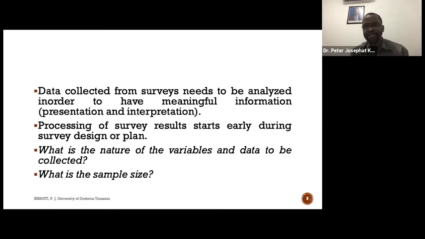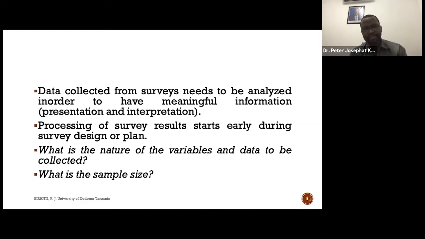So we have to process those data. It is a very crucial step to adopt well-defined steps and processes in order to have a very good analysis.